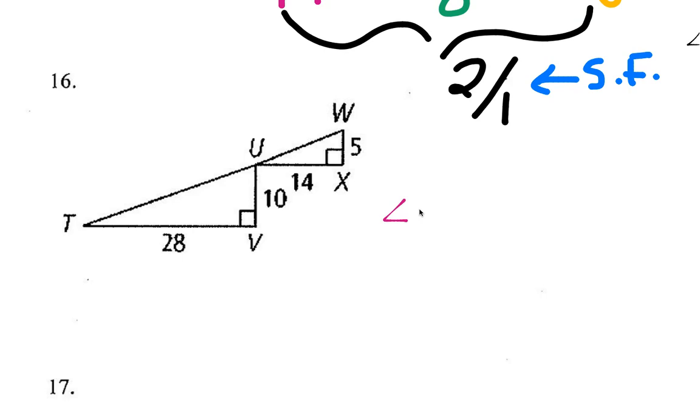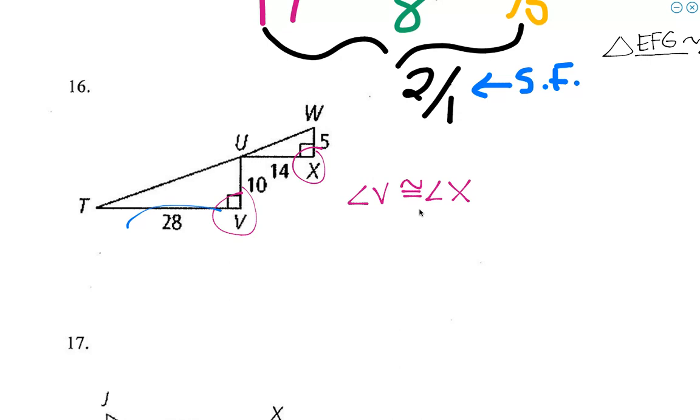So angle V is congruent to angle X. And then the sides that come out of those angles need to be proportional. So 28 over 14 needs to be equal to 10 over 5.